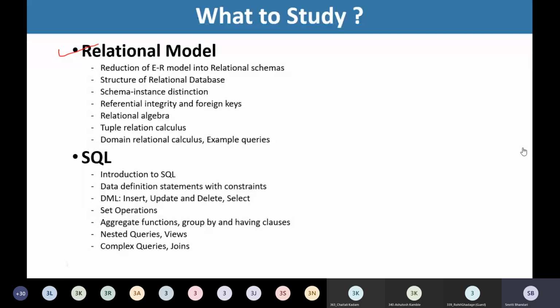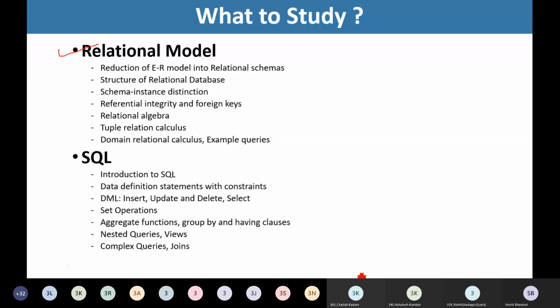After that, we are going to discuss SQL. That is the second section of our unit. As we know, SQL is structured query language, which is used to write queries to extract the data.